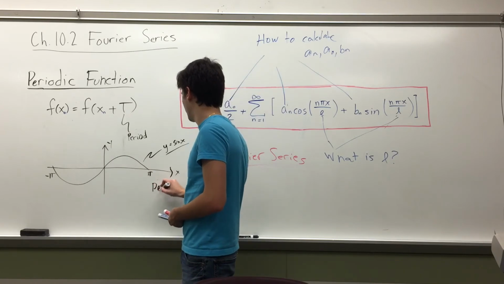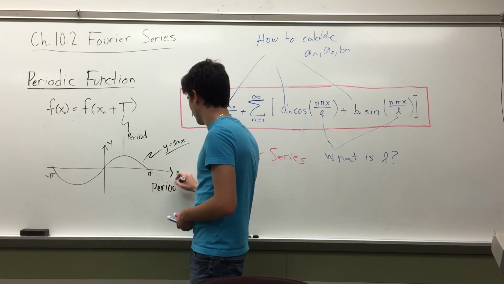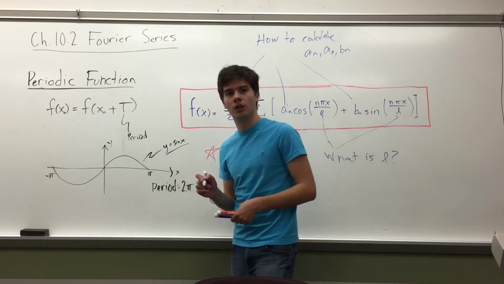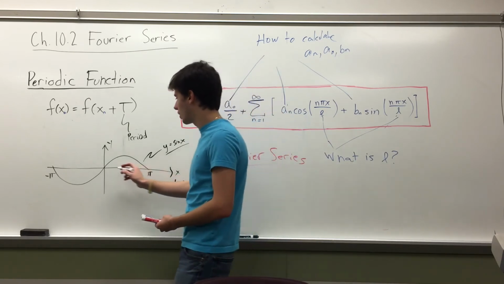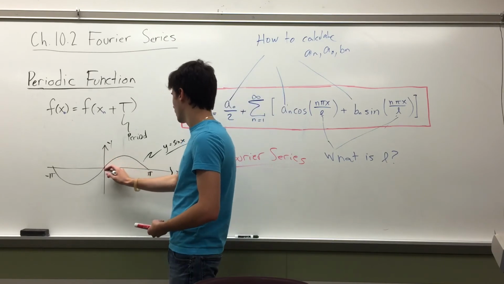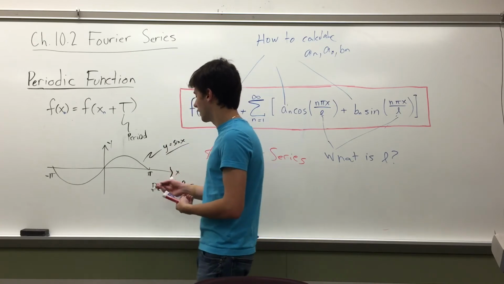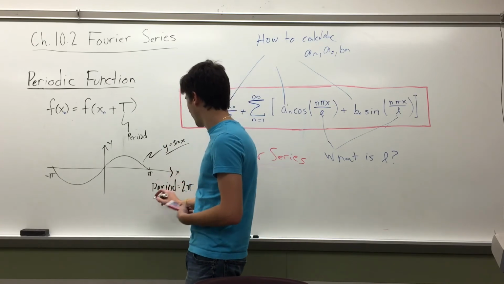Well, the period is going to be 2 pi. But the L, usually we look from the origin to our bound. So it's going to be our period divided by 2.